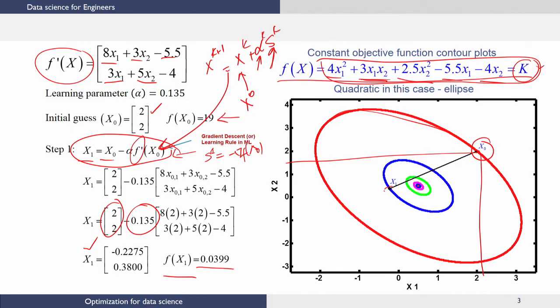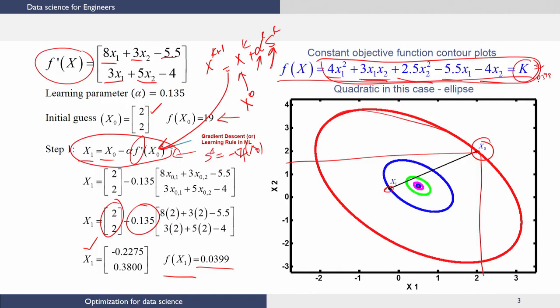So, this is the new point that we are at, and if you find this value, which is 0.0399, and set k to be this number, whatever was f of x 1, which is 0.0399, you would notice that the equation form remains the same, except this constant has changed.